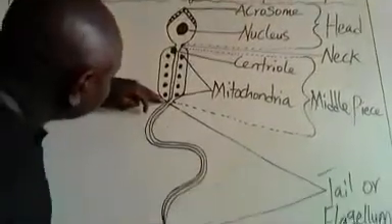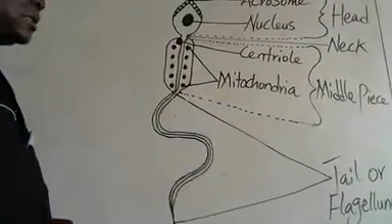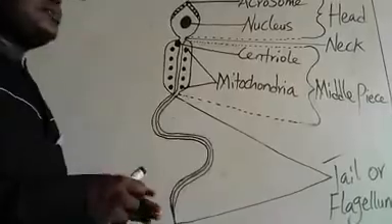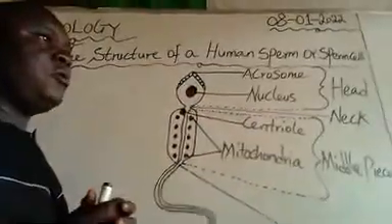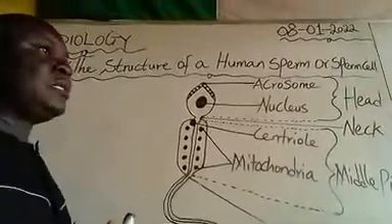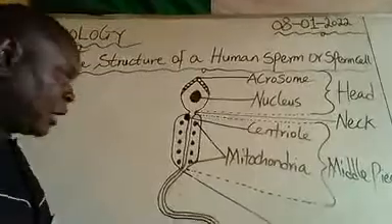I mean the tail from here downwards. It helps the sperm to move very well.